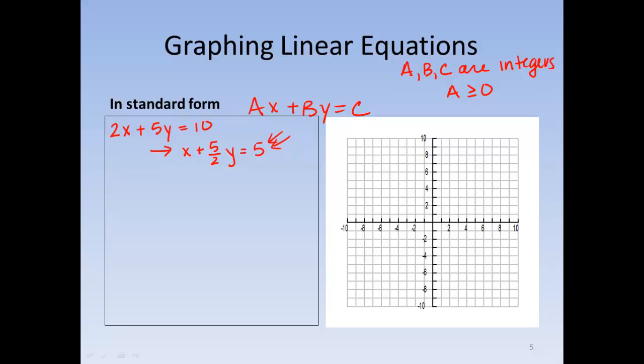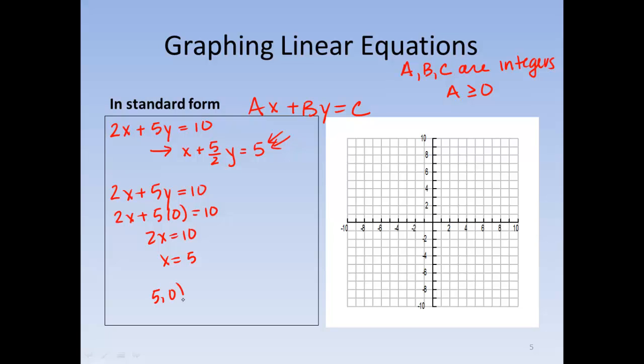So now that I have said that, we are going to look for our intercepts. To find my intercepts, if I want to find an x-intercept, I will replace the y with a 0. So to replace the y with a 0 will give us our x-intercept, because I have no height, a y value of 0. So x equals 5.